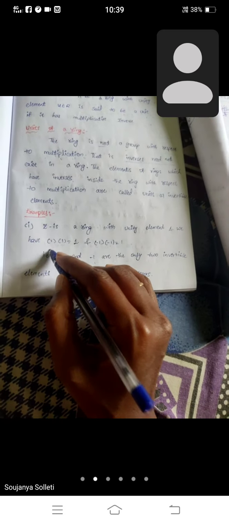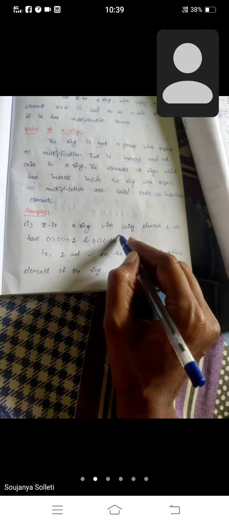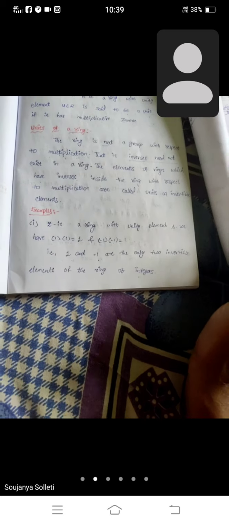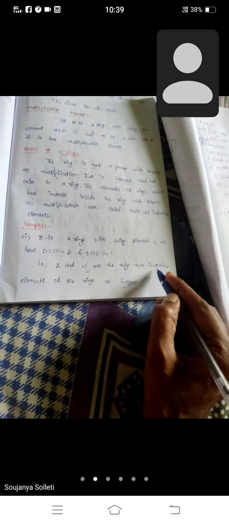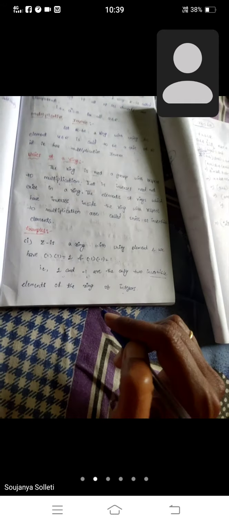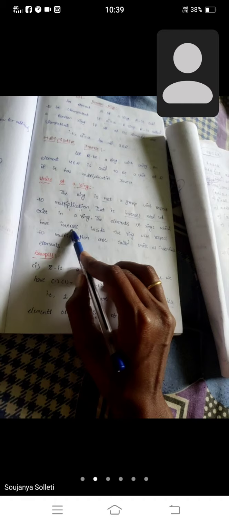Other than these two terms, a unit element does not exist. That's why 1 and minus 1 are the only two invertible elements, because they are the elements of the ring which have an inverse inside the ring.